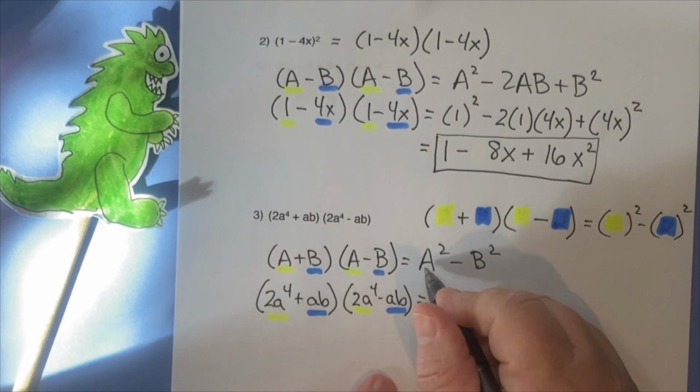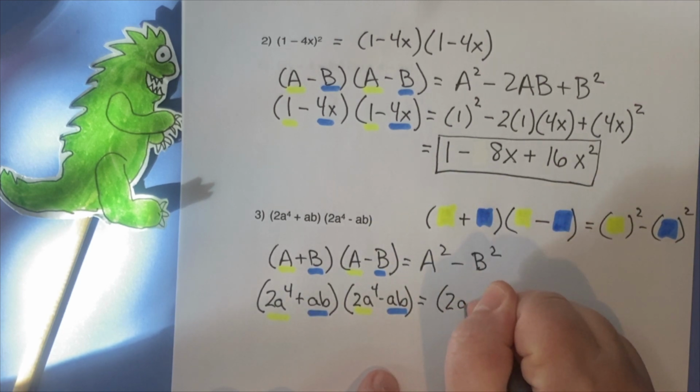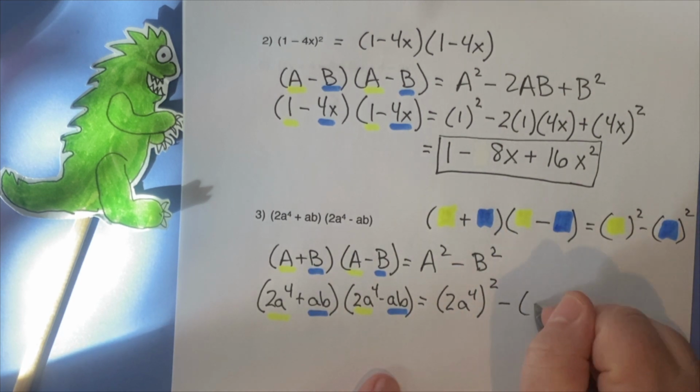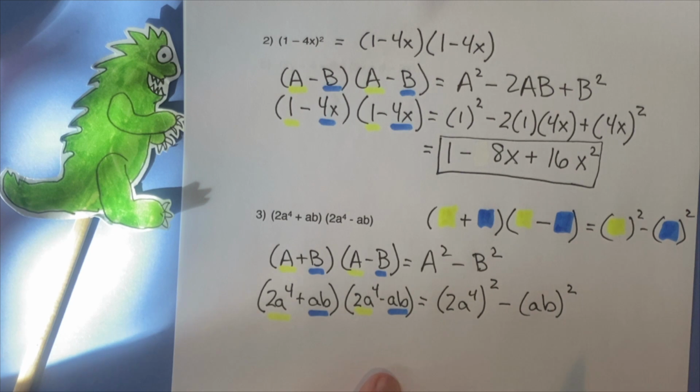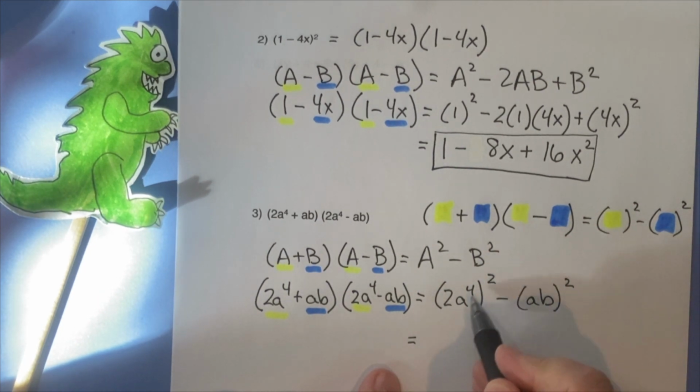Okay, so a squared, that's the first one. That's the 2a to the fourth, little a to the fourth. And then b squared, that's going to be the ab. Now we just have to remember the rules for exponents. Remember, everybody gets squared.